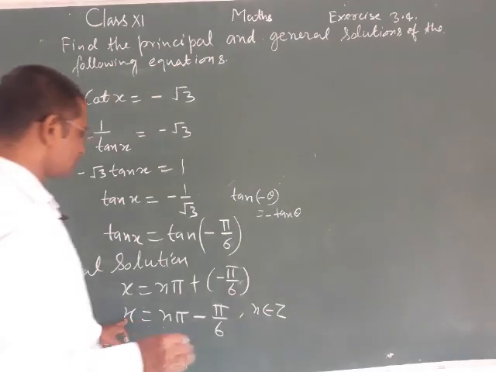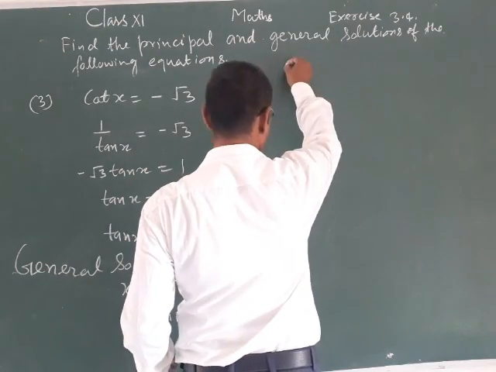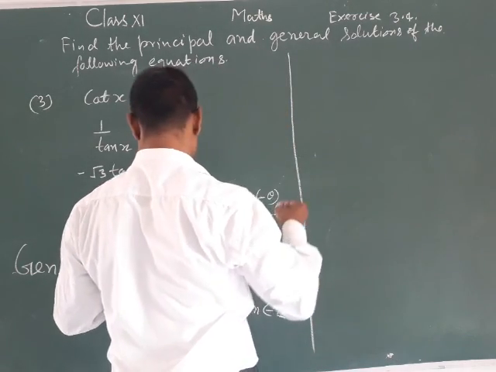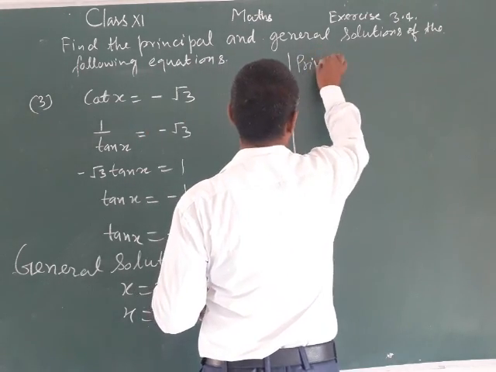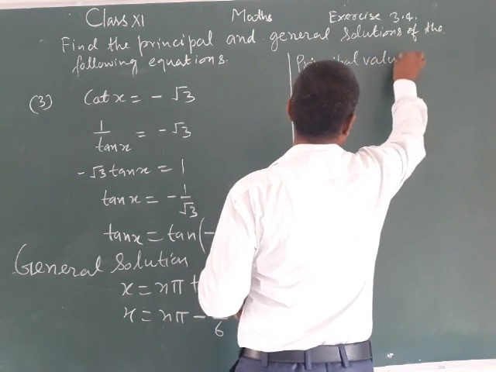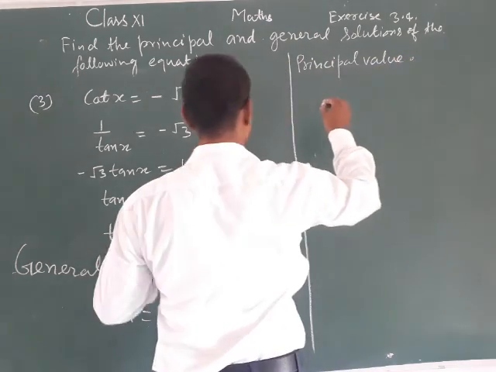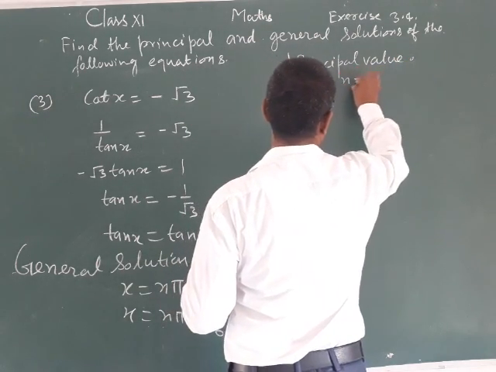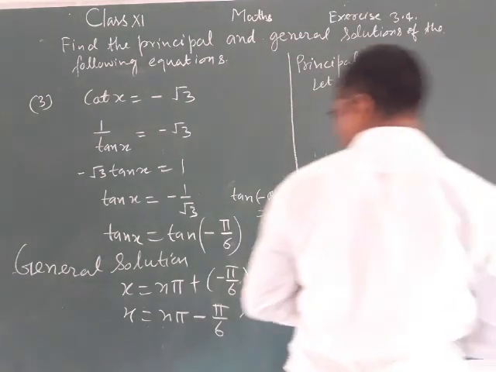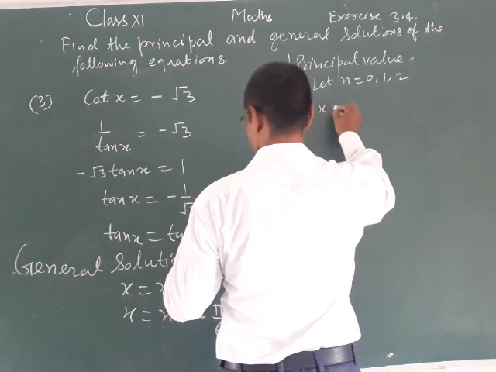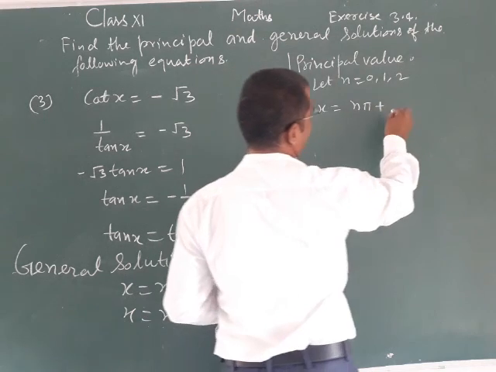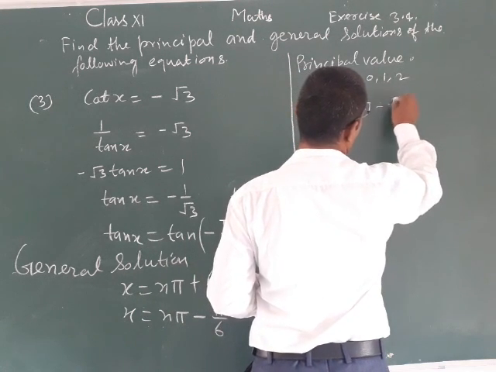This is the general solution, and also the principal value. Let n be equal to 0, 1, 2, then x is equal to n pi minus pi by 6.